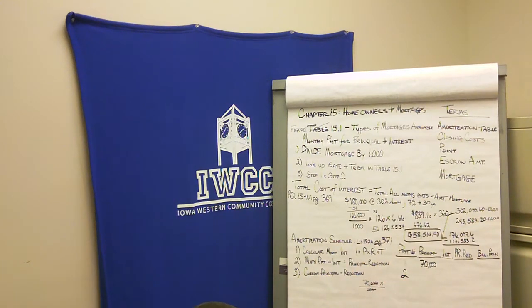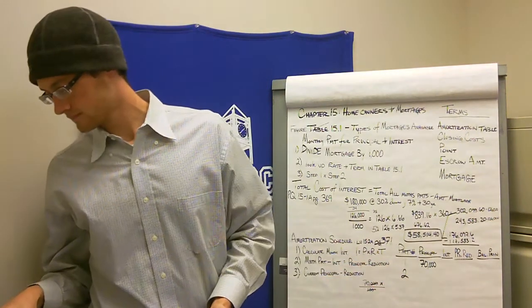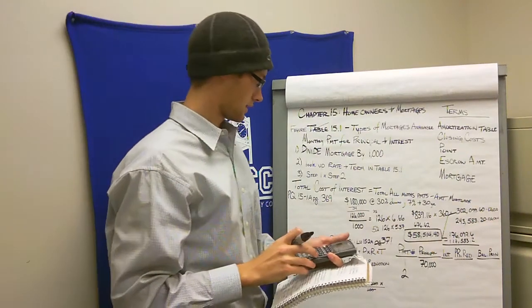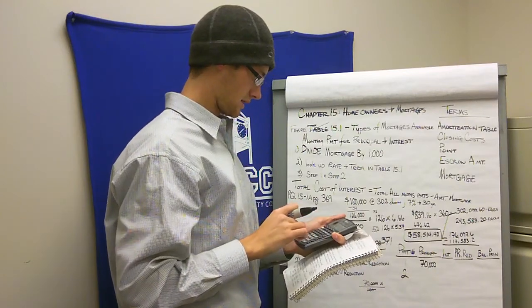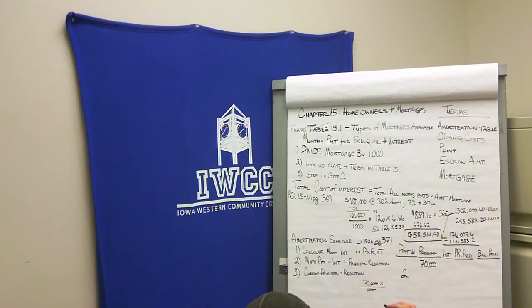We look up our rate, 7% and 30 years, which is 6.66, so 70 times 6.66. Our monthly payment is going to be $466.20.